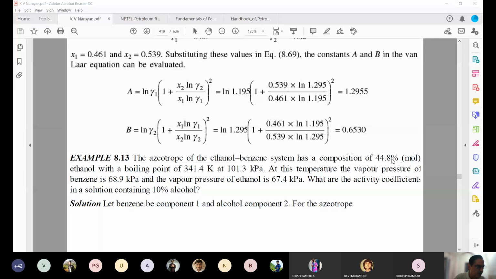So it doesn't really matter, book में जो लिया है आप उसको मत करो, you take ethanol as component 1 and benzene as component 2 and find out A and B values first. We'll not follow the book, we'll do it a different way and see whether we get the same answer. ठीक है, समझ में आ रही बात, क्या बोल रहा हूँ मैं?